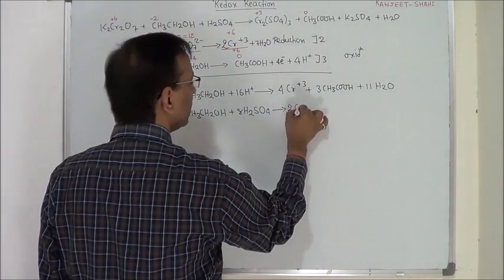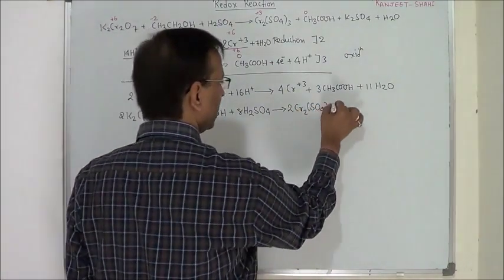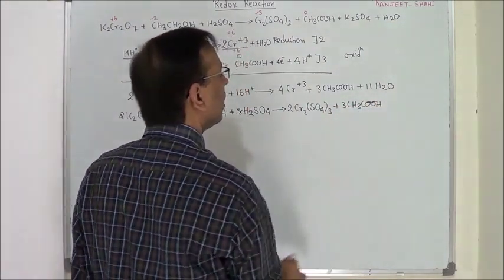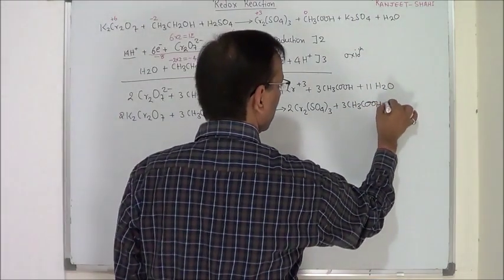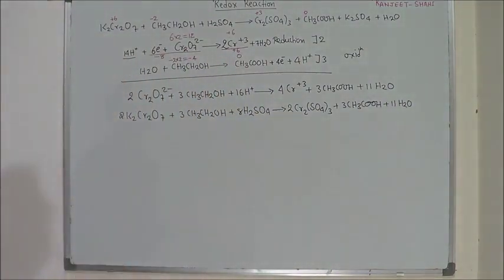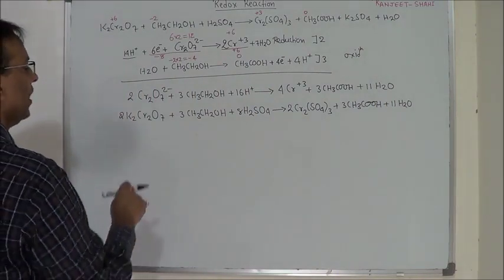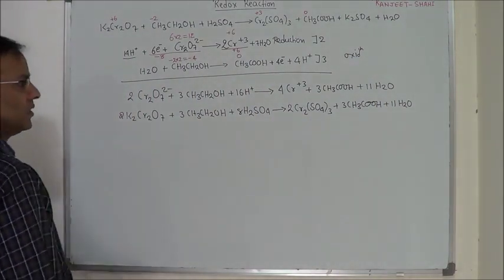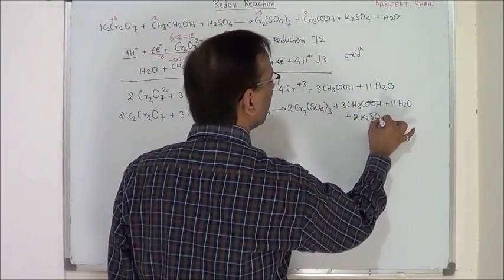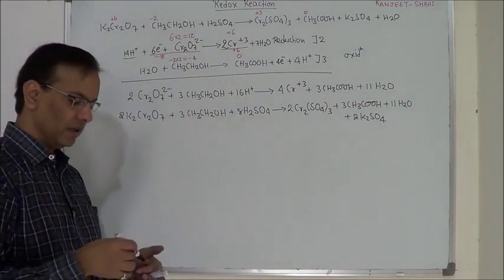So 2 Cr2(SO4)3 plus 3 acetic acid plus 11H2O plus potassium will have to be balanced. Here we have 2 into 2, 4 potassium, which must be balanced by writing here 2K2SO4, and now it is a perfectly balanced redox reaction.